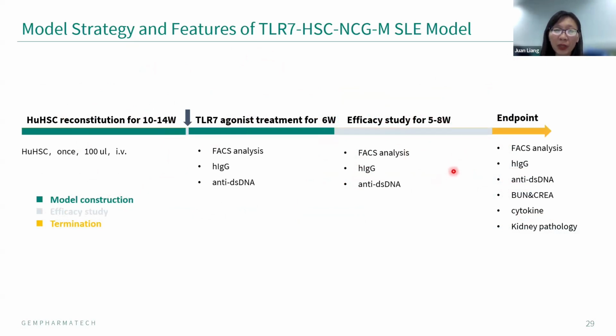During the study period, we will do analysis of the immune cell population, and we will also detect the IgG and anti-double-stranded DNA levels. Those two parameters are important indicators for SLE. And at the end time point, we will also do the serum study and the histopathological studies to evaluate the drug efficacy.